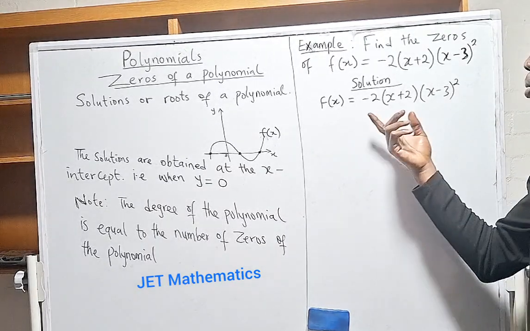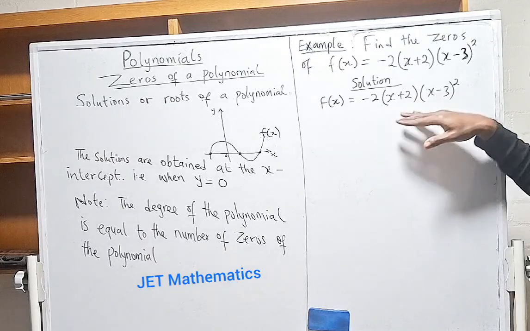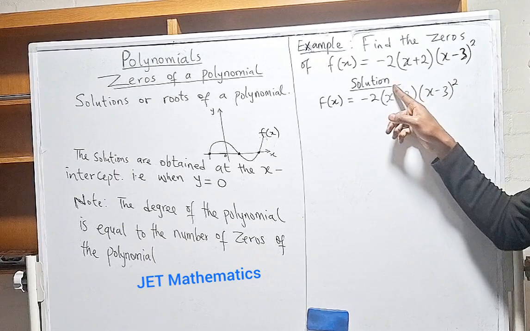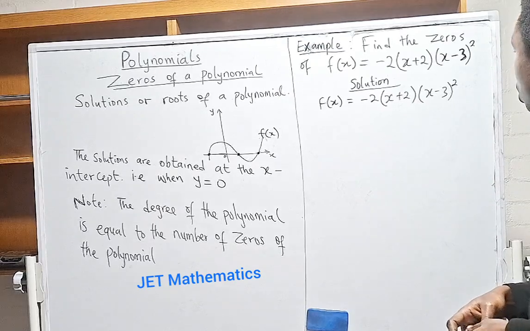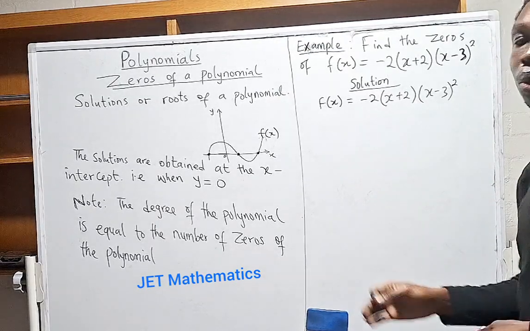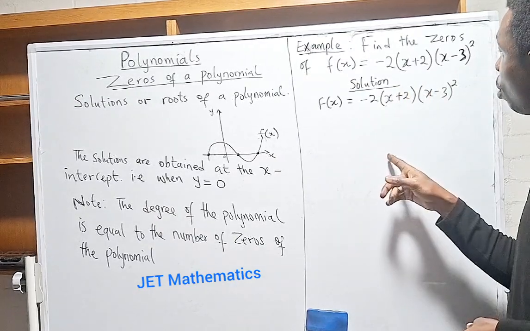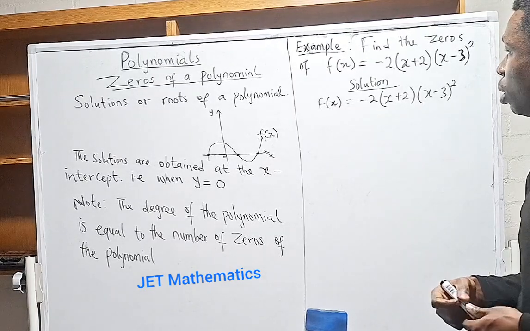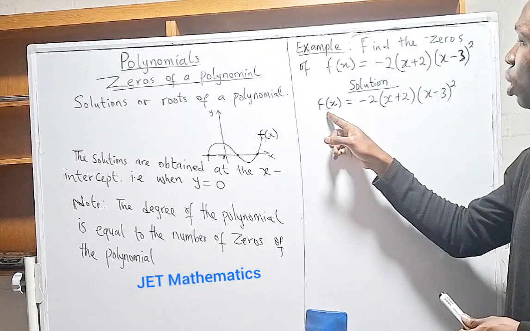Now, this polynomial you see on the board here is of degree 3, because here we have power 2 and here we have power 1. When you add up, you get 3 as the degree of the polynomial. So we are expected to get 3 roots from this polynomial. To get the roots, all we need to do is to equate this polynomial to 0.